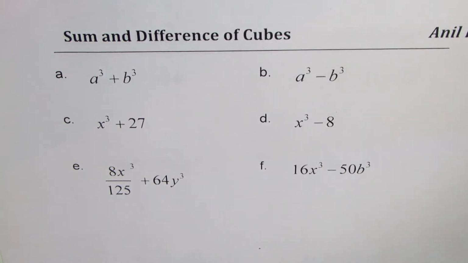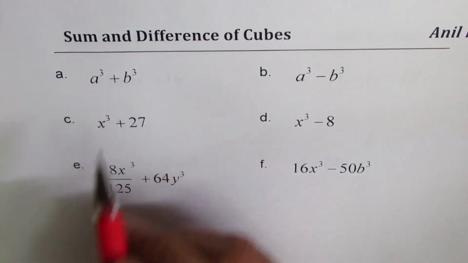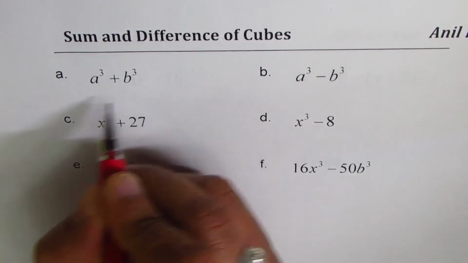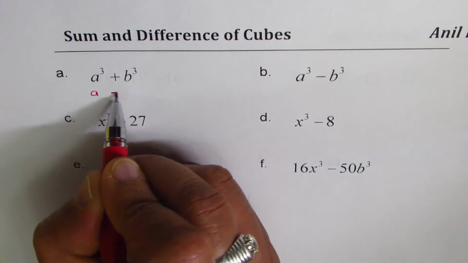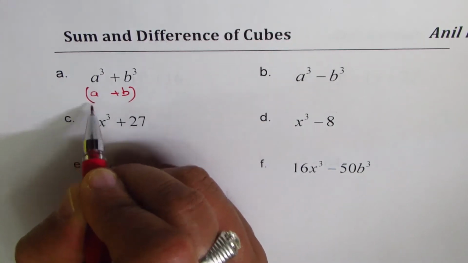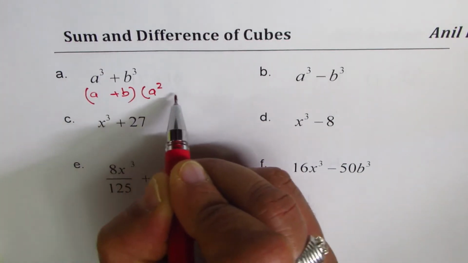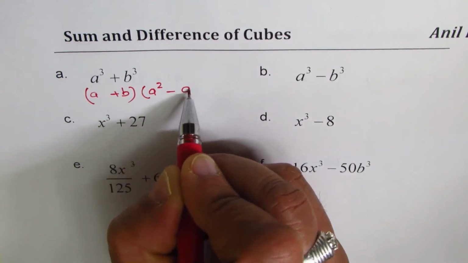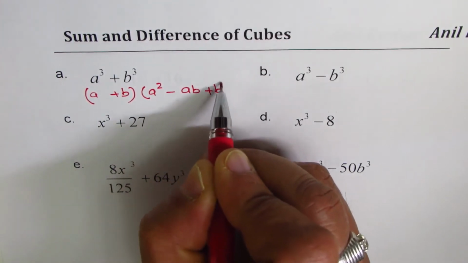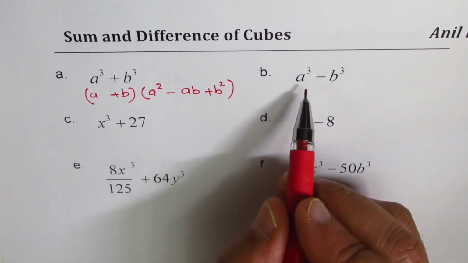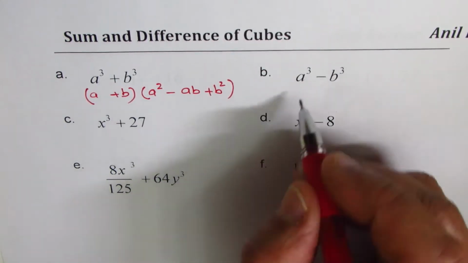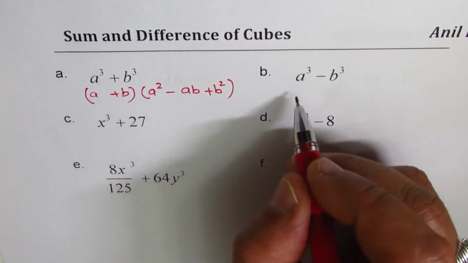We'll use this formula to factor. A cube plus b cube is written as a plus b times a square minus ab plus b squared, correct? And if you are factoring a cube minus b cube, then the formula changes a bit.